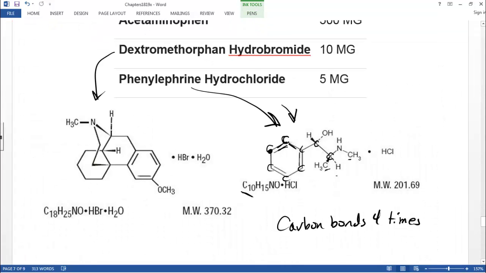Back to this carbon here, we only see 3 lines coming out. Carbon bonds 4 times. So there's a missing hydrogen up here. This carbon, 2 lines come out, 1 line goes down. Yep, it's missing a hydrogen. Ooh, but this carbon has a bond here, a bond there, and 2 down, it's got all 4. Same is true for this carbon, there's 4 bonds.